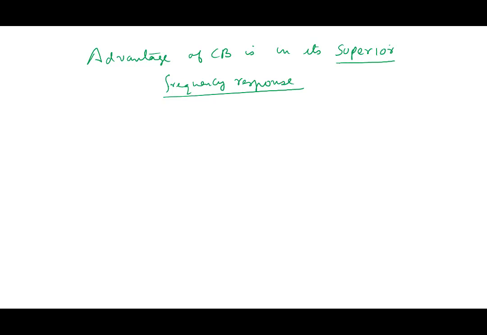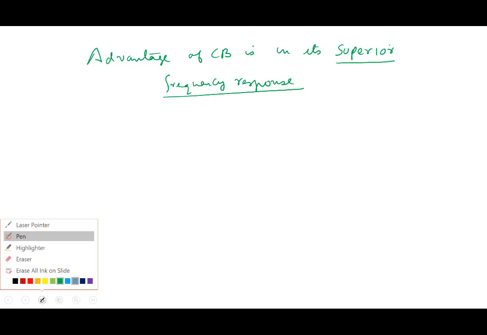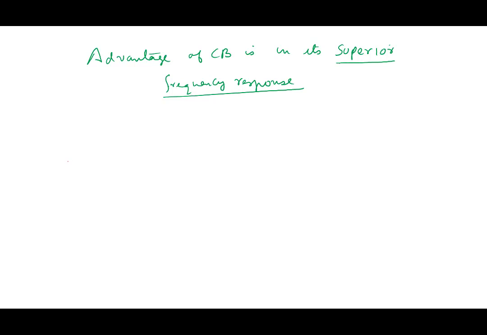Okay, now why? We'll not go through a quantitative analysis, but you could see the reason here. Let me draw a common emitter here for you. The small signal part of common emitter.